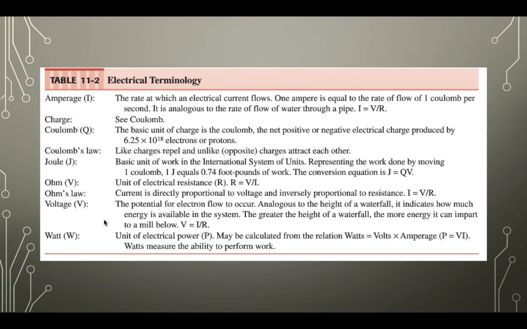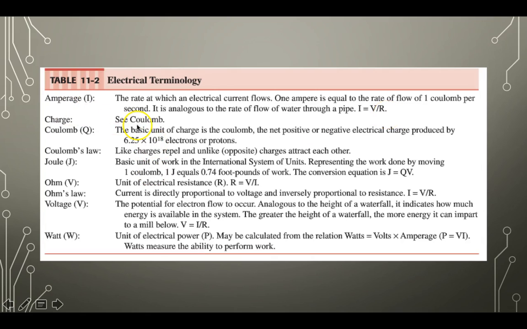It's equal to the rate of flow of one coulomb per second. Again, using Ohm's law, current is equal to the voltage divided by the resistance.